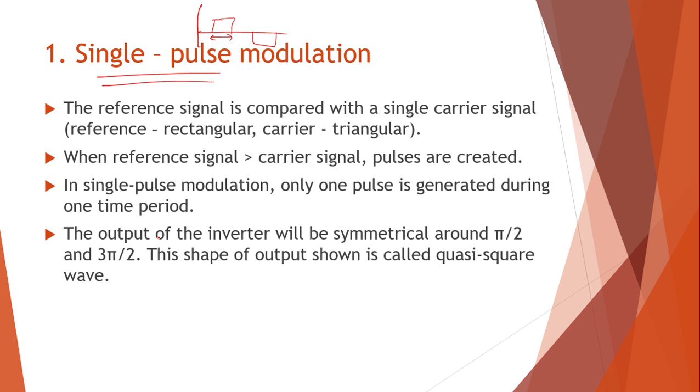You are going to compare two different signals: one is a triangular signal and the other is a rectangular signal. Instead of me drawing it here, I have already provided a figure, so we can just look at the figure.